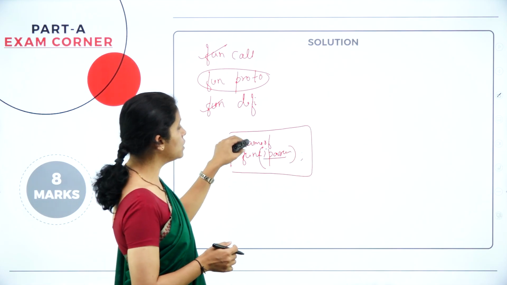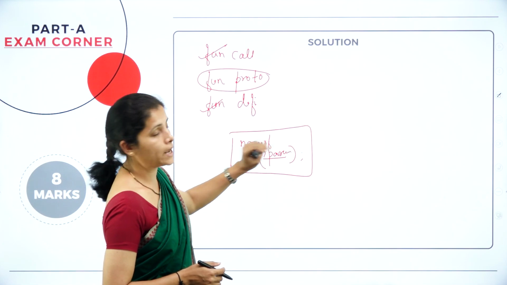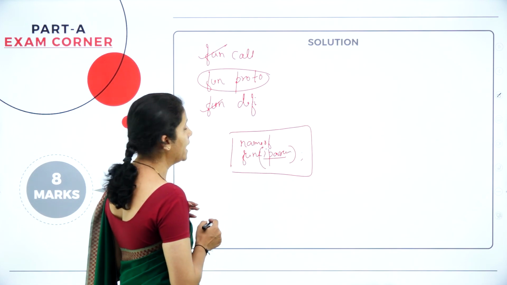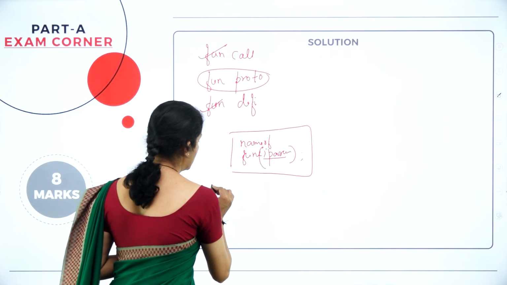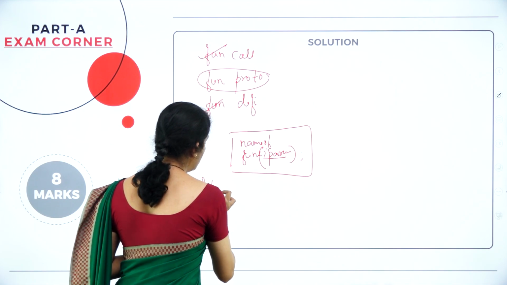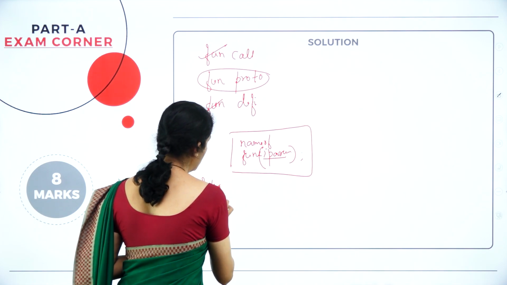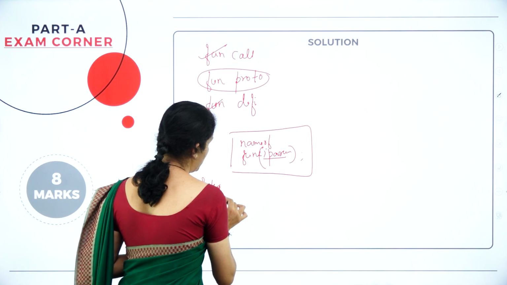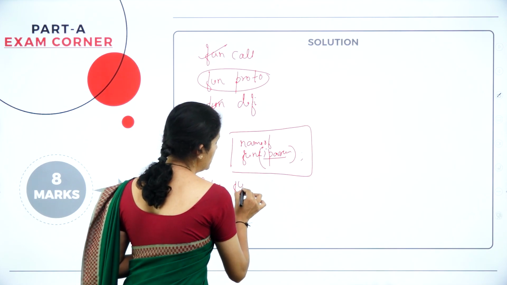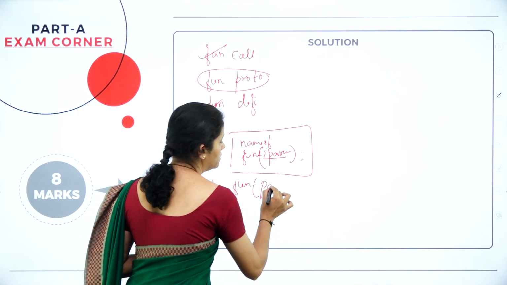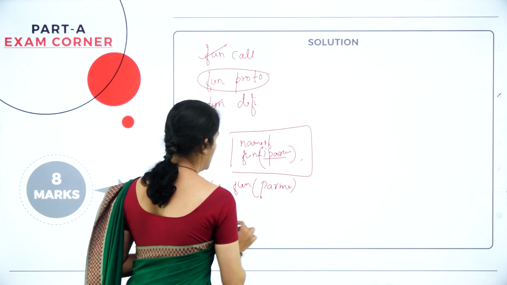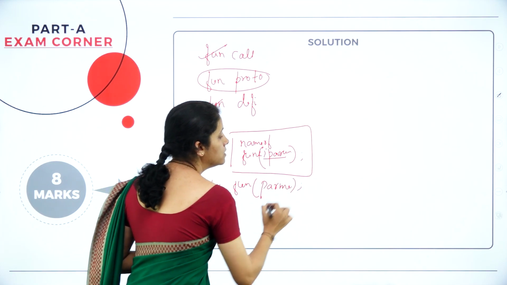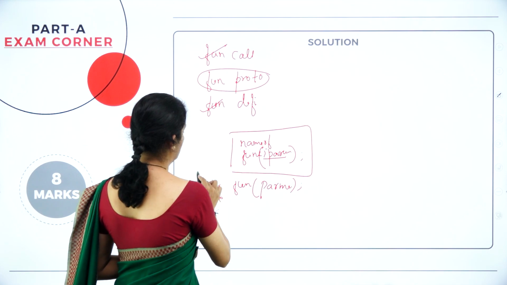And I'm going to call the function in my main program. Then function prototype, that's nothing but the return type, then function name and parameter, and put the semicolon.